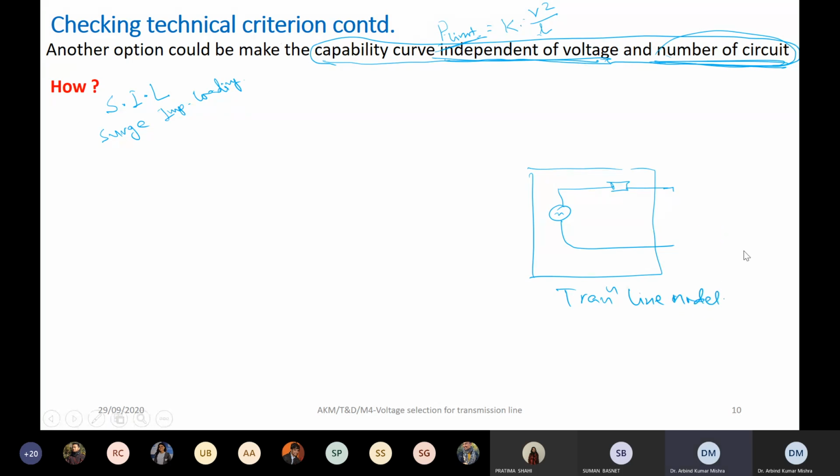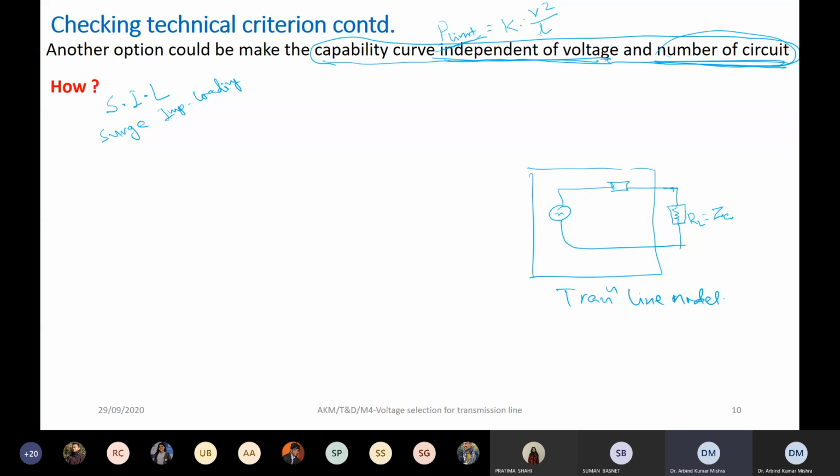So the surge impedance loading of a transmission line is simply the load if we connect a load resistance equal to the surge impedance of the line, also known as the characteristic impedance of the line. This impedance is known as ZC, either the characteristic impedance or surge impedance. In fact, surge impedance loading has other technical meanings.